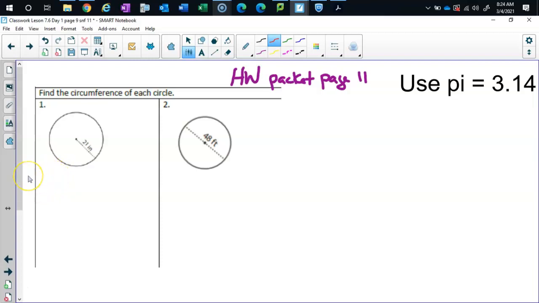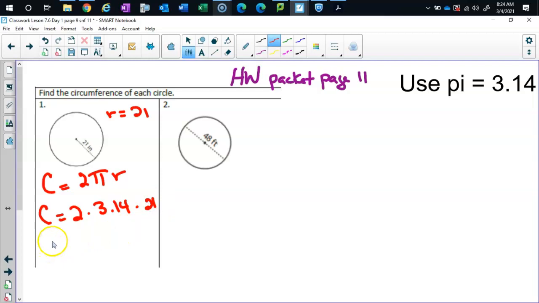All right, well, number one, the formula for circumference is 2 pi r. Well, they gave us r. R is 21. That's the radius. So circumference is going to be 2 times 3.14 times 21.